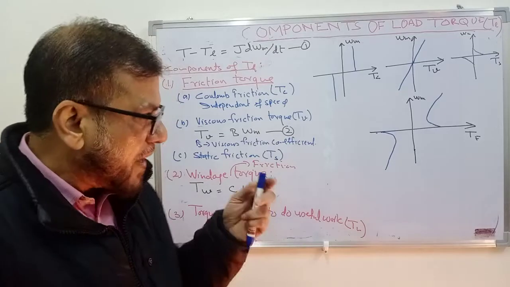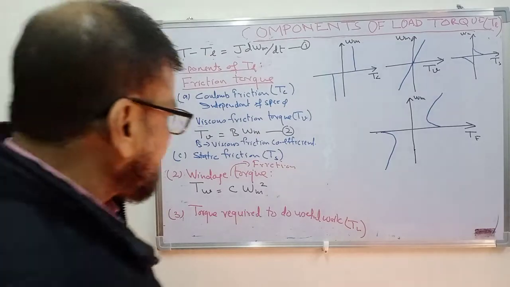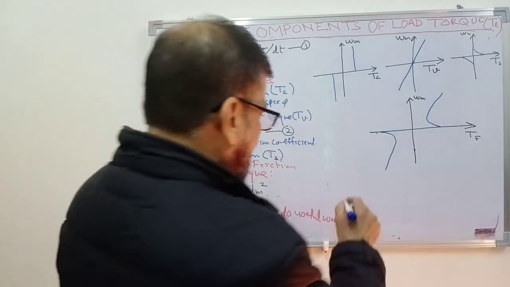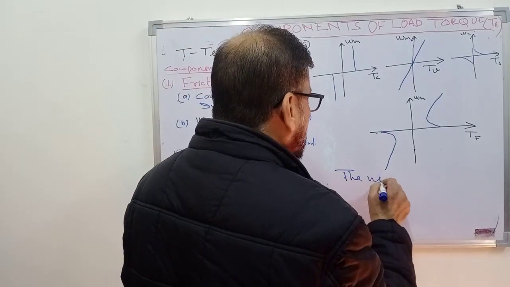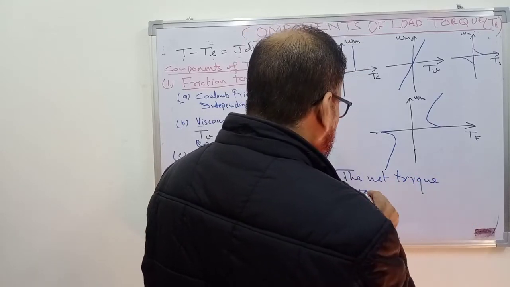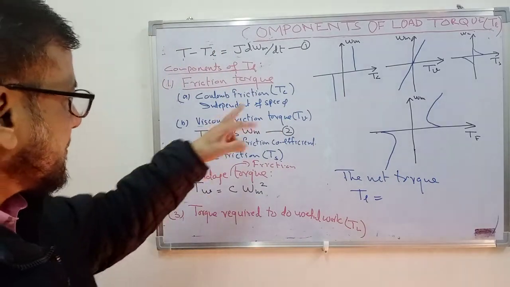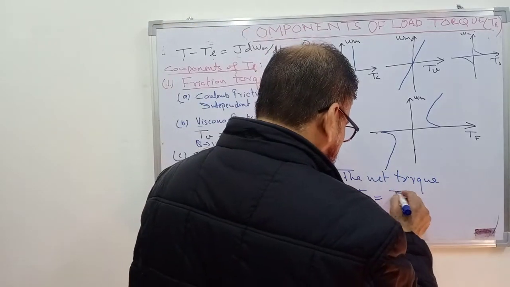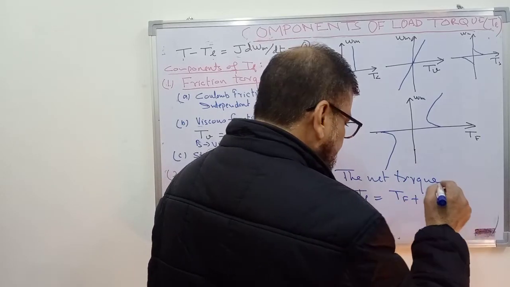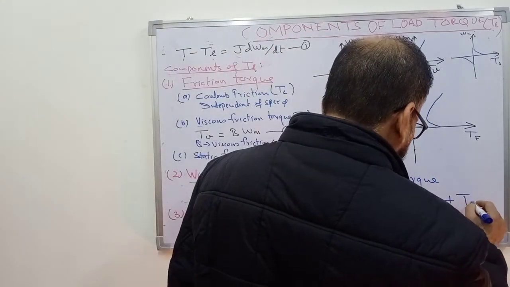Now let us combine it and see what is the total equation. So the net torque TL that the motor has to overcome, you can write by combining all these components. So first it is the friction torque plus the windage torque plus the load torque TL.